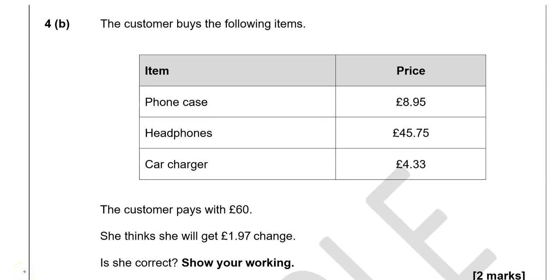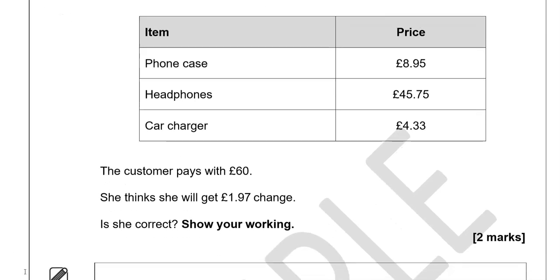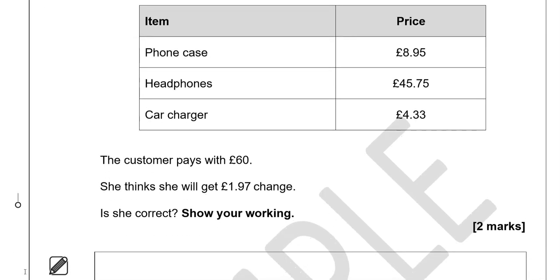The customer buys the following items: phone case, headphones, car charger. The customer pays with £60. She thinks she will get £1.97 change. Is she correct? Show your working. So let's just add these all together. So we've got £8.95, £45.75, and £4.33, which equals £59.03.